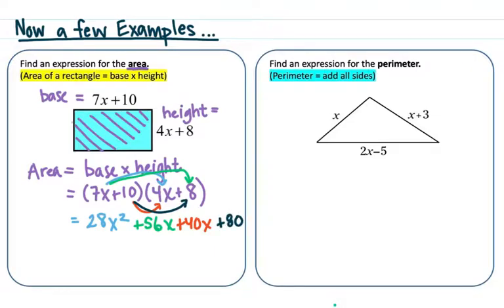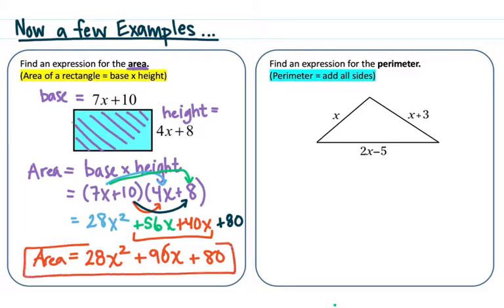Now usually when we FOIL, when we multiply binomials, the middle two terms will combine as like terms. So we can say the final answer, in this case 28x squared plus 56x plus 40x is 96x plus 80. So this would be the final expression to represent the area of this rectangle.